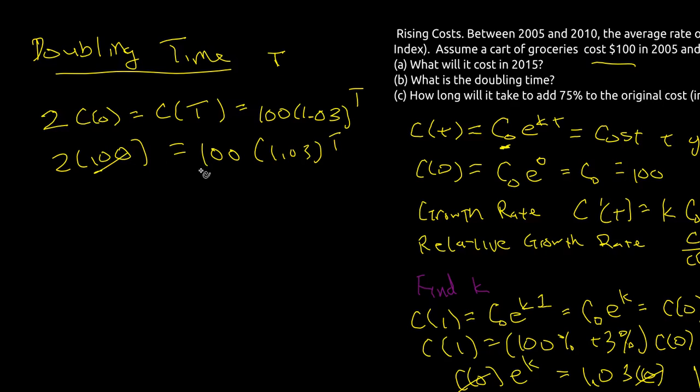The hundreds cancel, and we have 2 equals 1.03 to the doubling time power, capital T. We have to solve for T. It's in an exponent, so we're going to take the natural log of both sides.